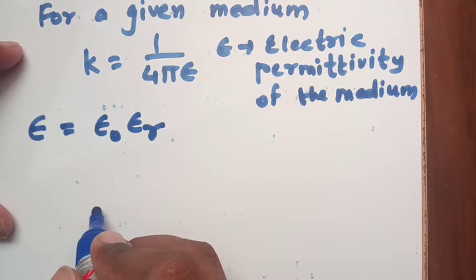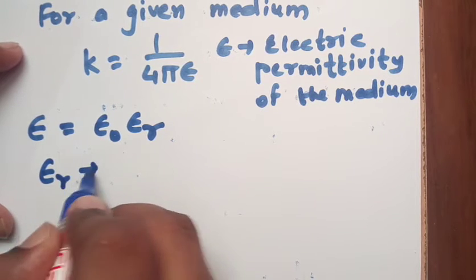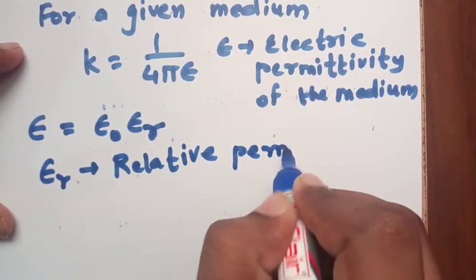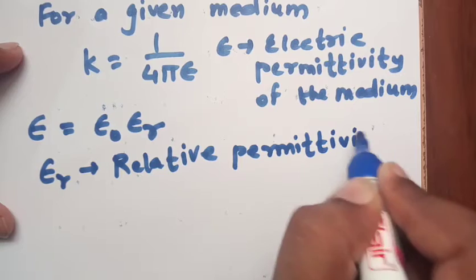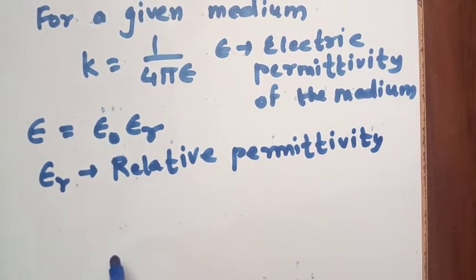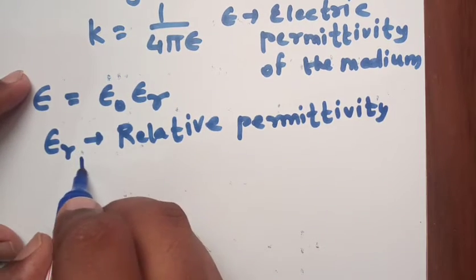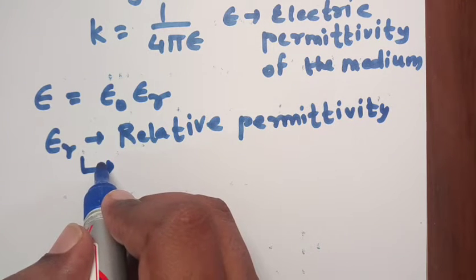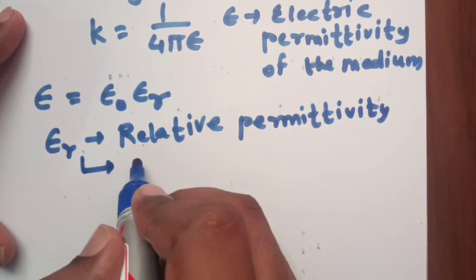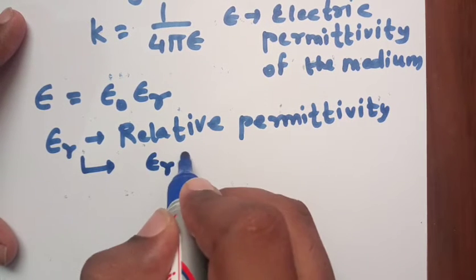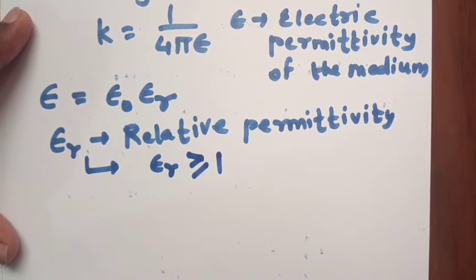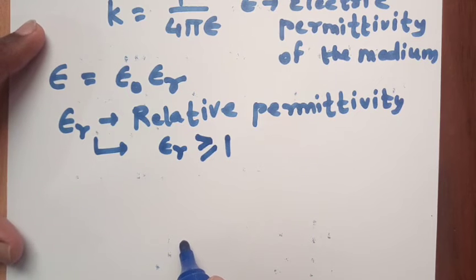And what is this epsilon r? This epsilon r is called relative permittivity. It has a different value for each and every medium. Generally, epsilon r is either 1 or greater than 1: 1 for vacuum and more than 1 for any other medium.